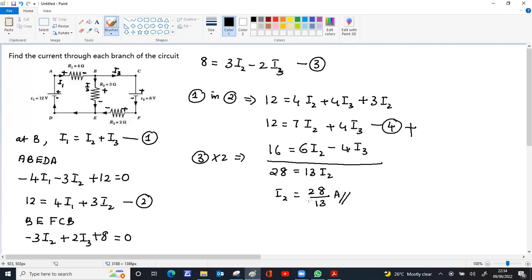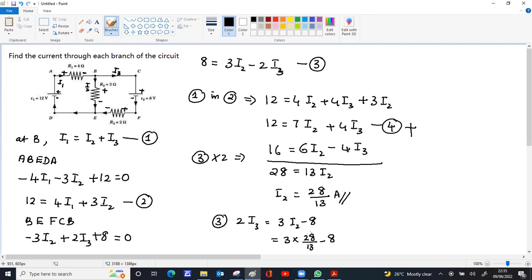You can substitute I2 back in one of the equations. So equation 3, if you rearrange it, 2I3 will go left, 8 will come right. So 2I3 is equal to 3I2 minus 8, which is 3 into 28 by 13 minus 8.